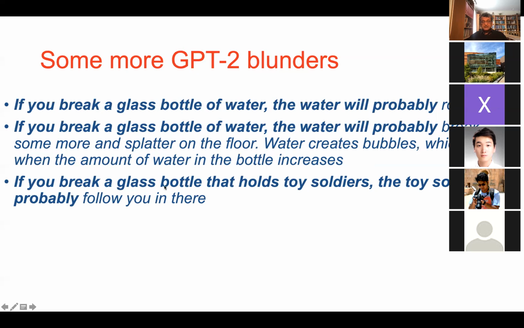Or if you break a glass of water that holds toy soldiers, the toy soldiers probably follow you in there, something nonsensical. So they're easy to spot. Some students working with Rohini on the Alexa project are finding these kinds of issues, and they're using GPT-2 or GPT-3.